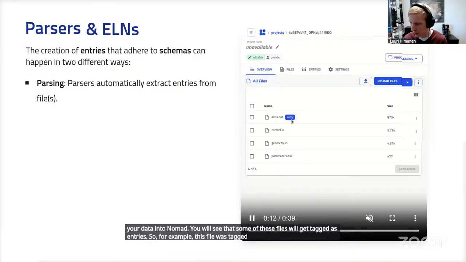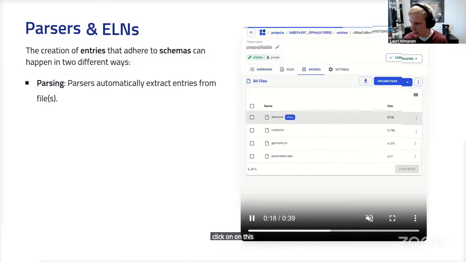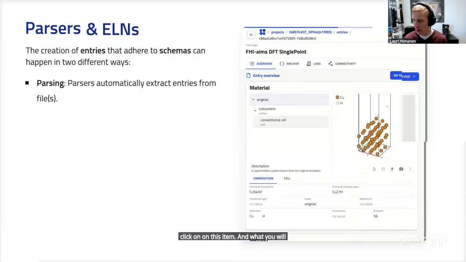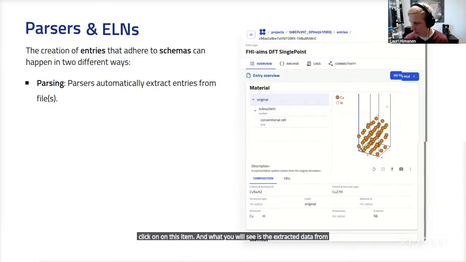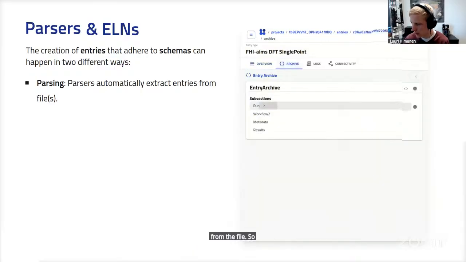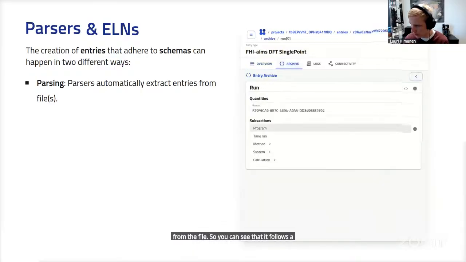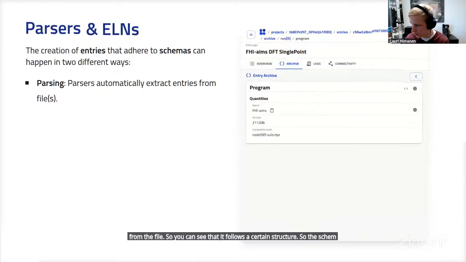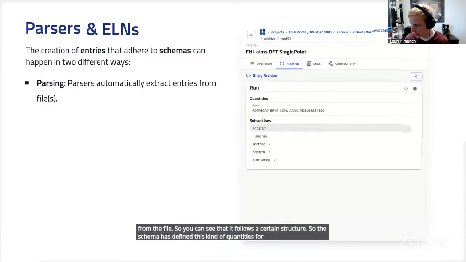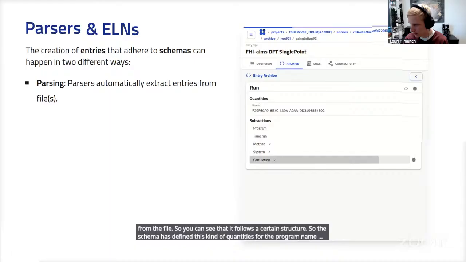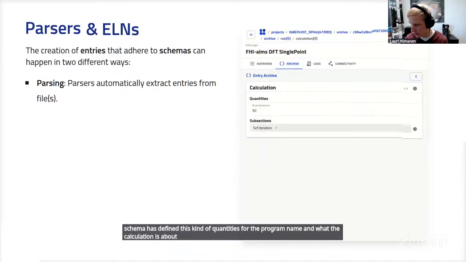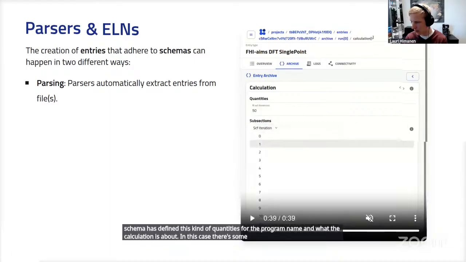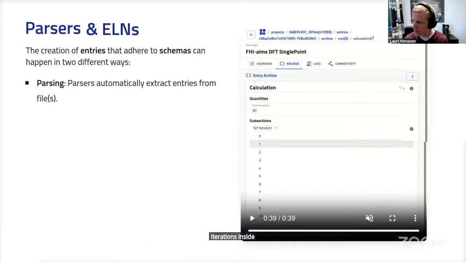And once the processing completes, you can click on this item, and what you will see is the extracted data from the file. You can see that it follows a certain structure. The schema has defined these quantities for the program name and what the calculation is about. In this case, there are some self-consistent iterations inside it.